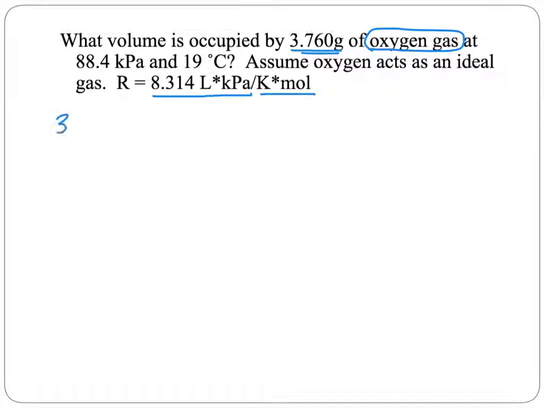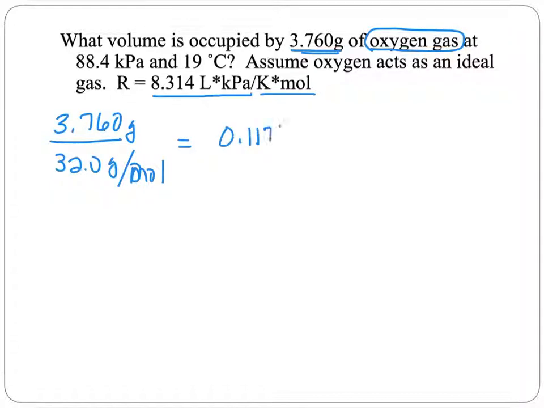So to start off, to do this conversion, we start with our 3.760 grams, and then we're going to divide that by 32 grams per mole for our oxygen in the O2 state. And we'll discover that you have 0.1175 moles of oxygen. So that gives us one figure we need for our ideal gas law.